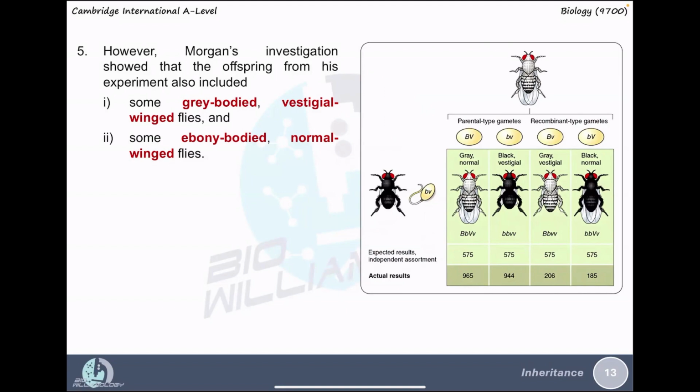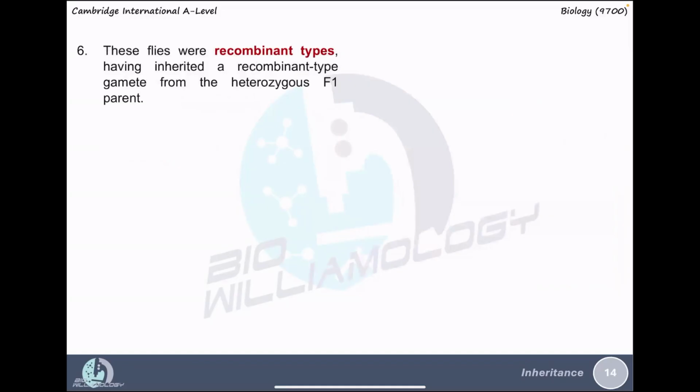These phenotypes occur in small numbers compared to the parental type. These two types of phenotype are known as recombinant types. They are due to the formation of recombinant type gametes, so these flies were recombinant types having inherited recombinant type gametes from the heterozygous F1 parent.